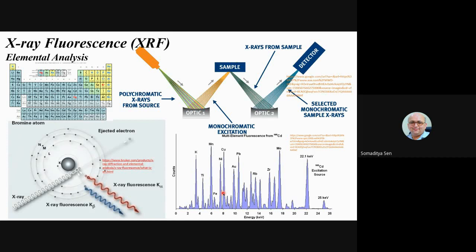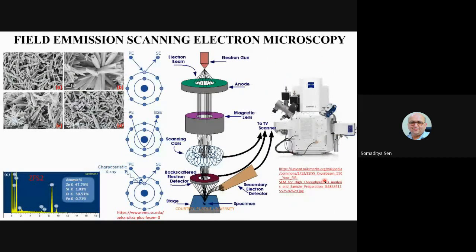X-ray fluorescence can be done with specific measurement systems. Nowadays, XRD instruments also carry some of the XRF components. And you can have the same information from a field emission scanning electron microscope.